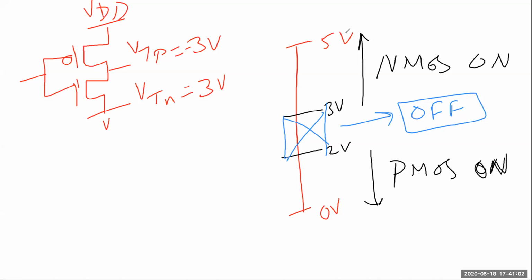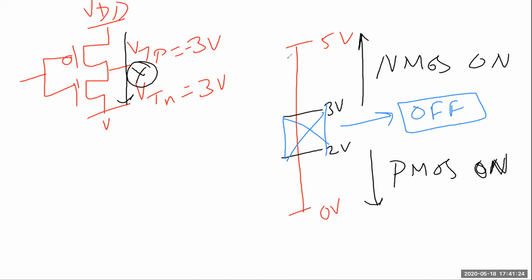So you can easily figure out that from the current point of view, there is going to be no current from VDD to VSS, because the way we have changed our VTN and VTP is on a higher side.